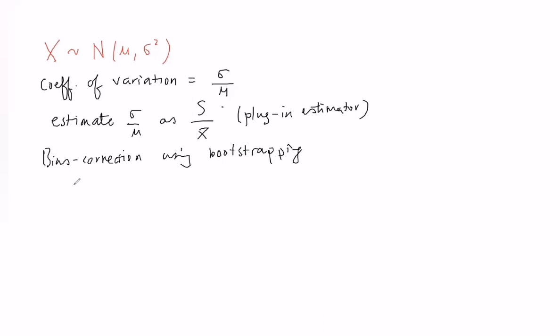Basically to do the bias correction, you do the following. Step 1. Of course you already have a sample, with a certain sample size. You have n, you have X bar, you have S, and of course you have your data vector, X1 until Xn.